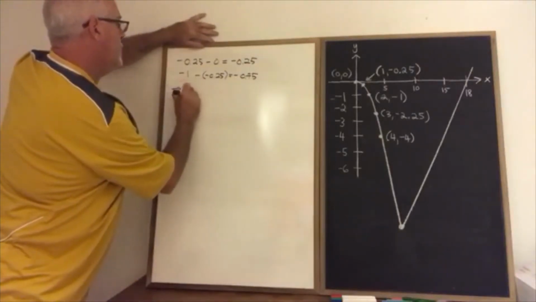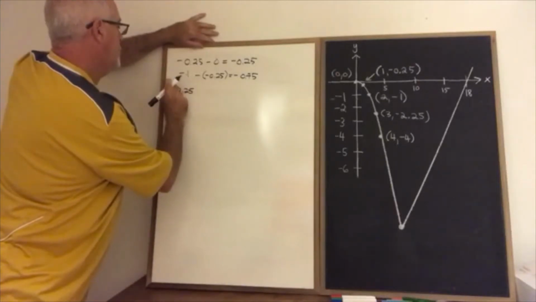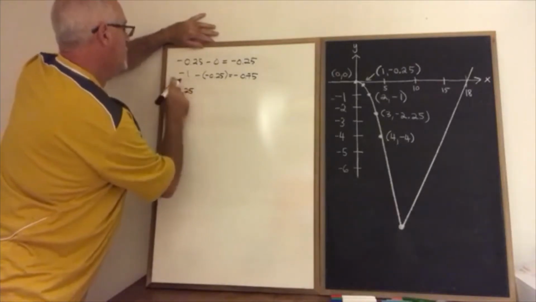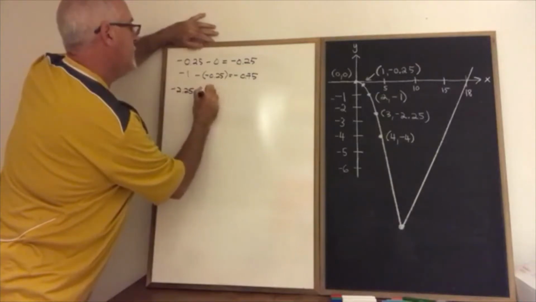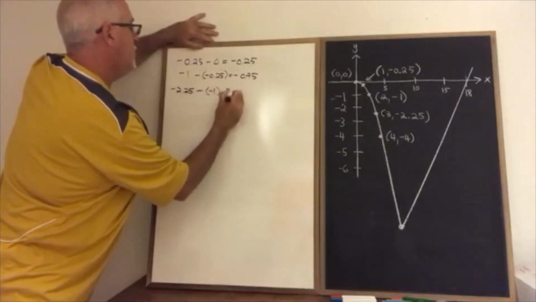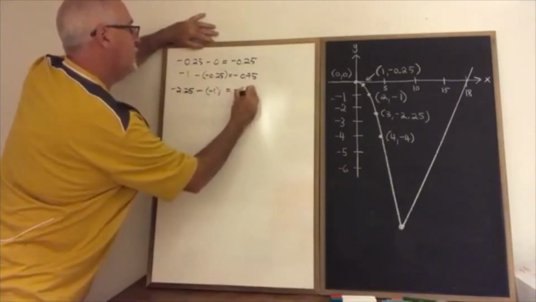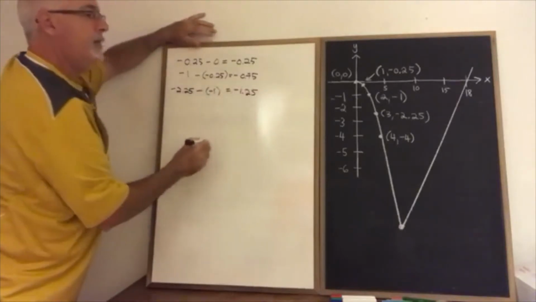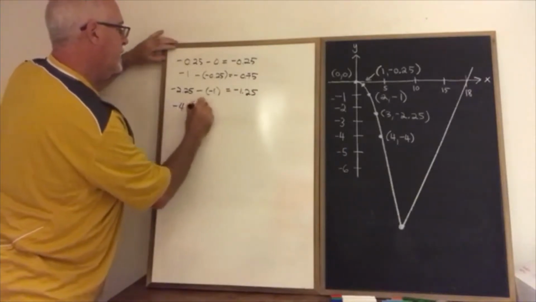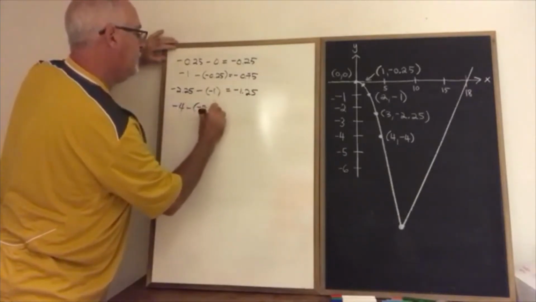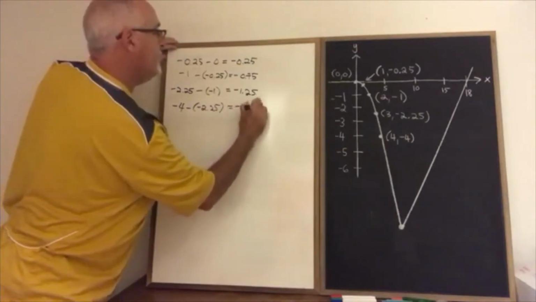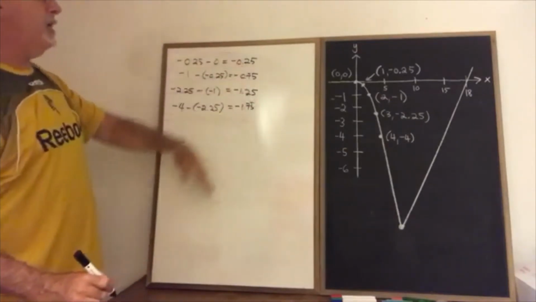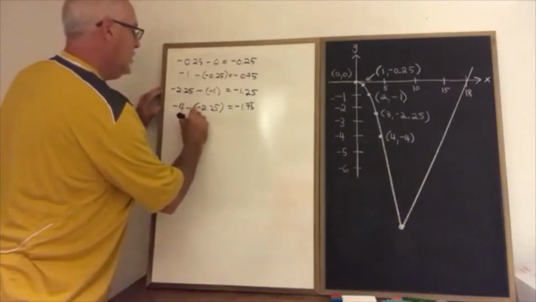Negative 2.25 minus negative 1 equals negative 1.25. And finally, negative 4 minus negative 2.25 equals negative 1.75. So I failed the constant difference test, and I know it's not linear.